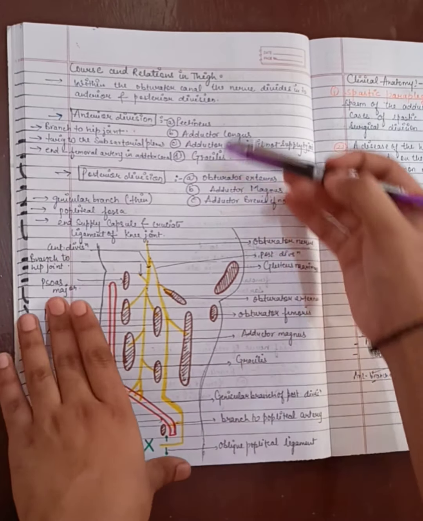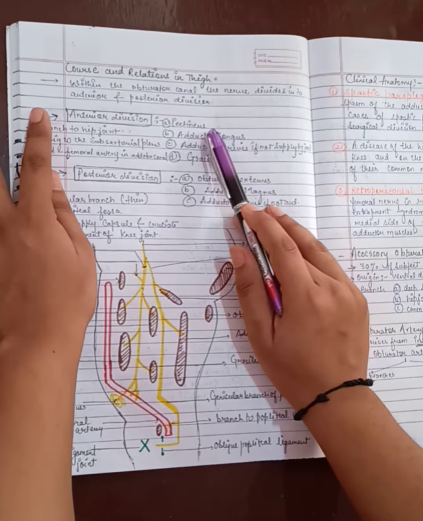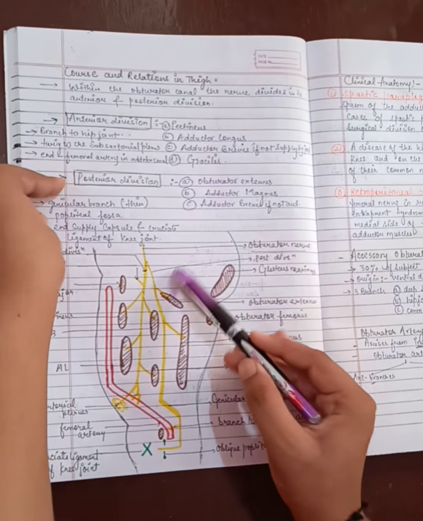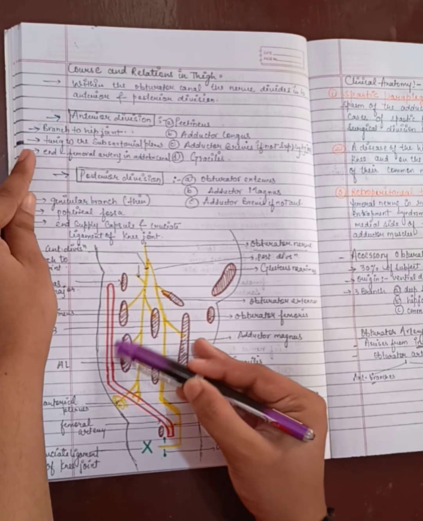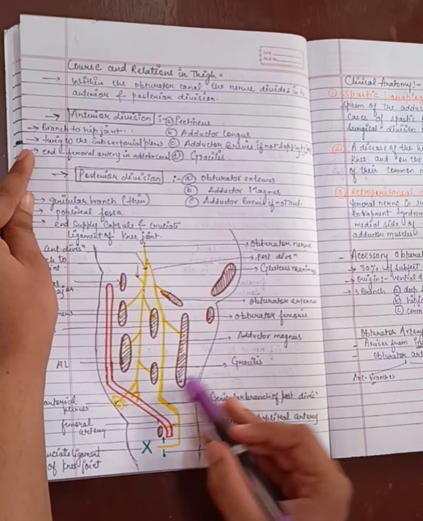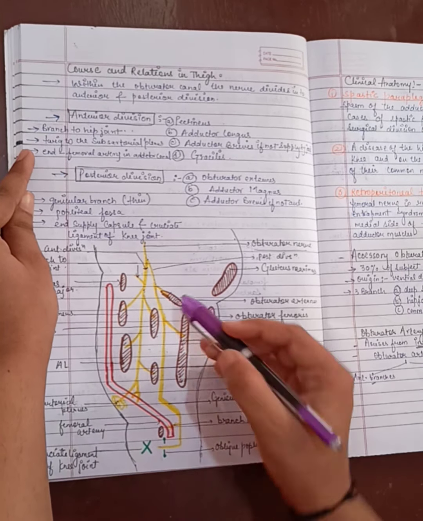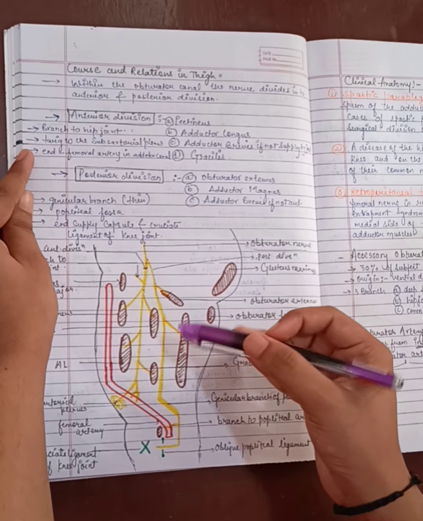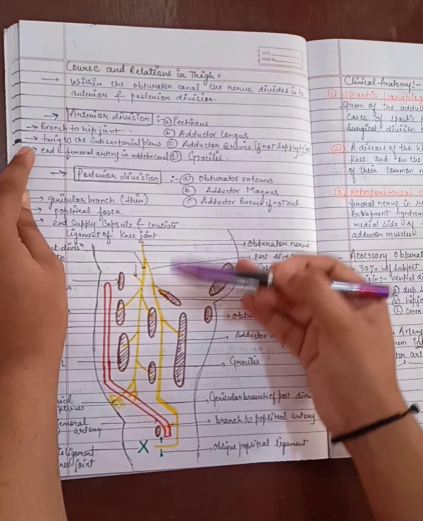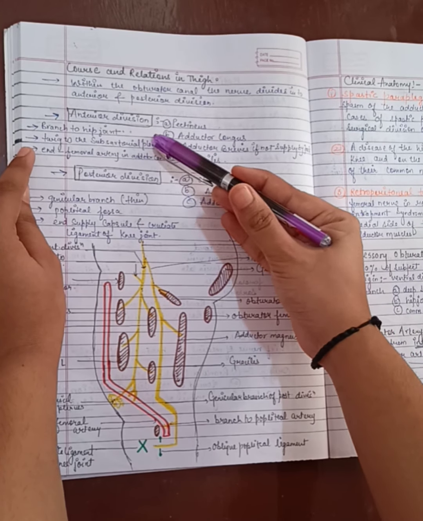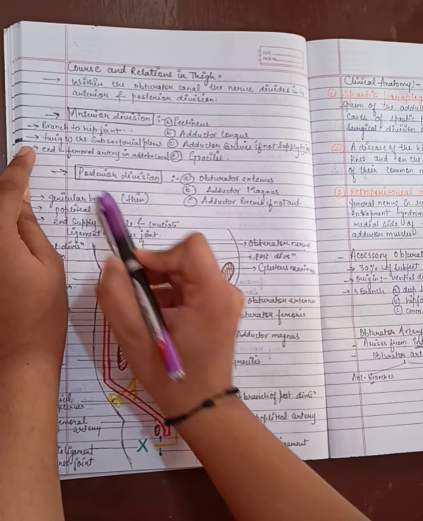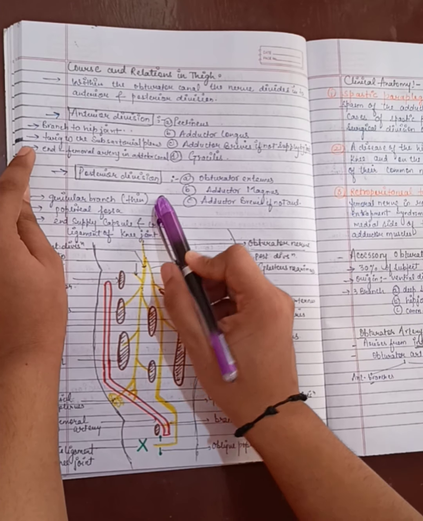About its muscles, it gives a branch to the pectineus and also supplies adductor longus and the gracilis. Adductor brevis is also pierced by the anterior division of the obturator nerve, but it is not supplied by the posterior division.